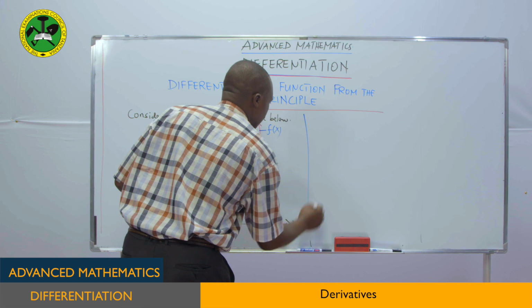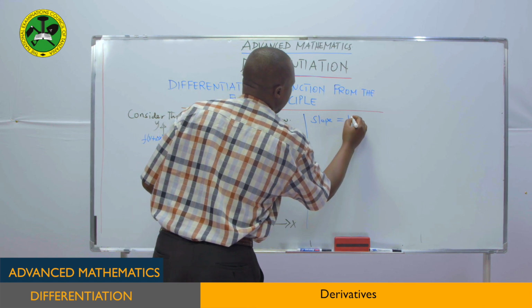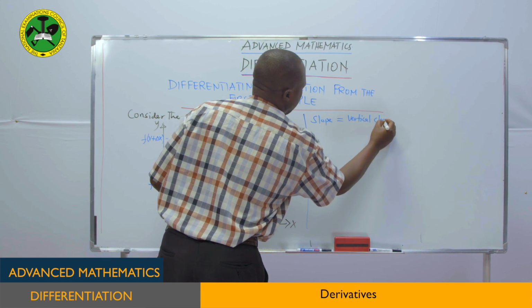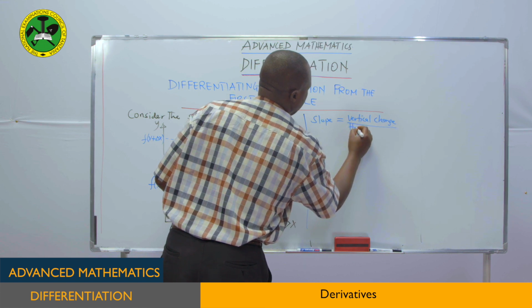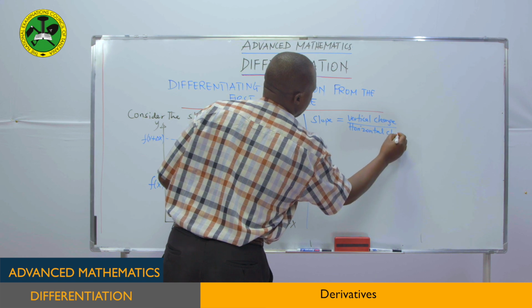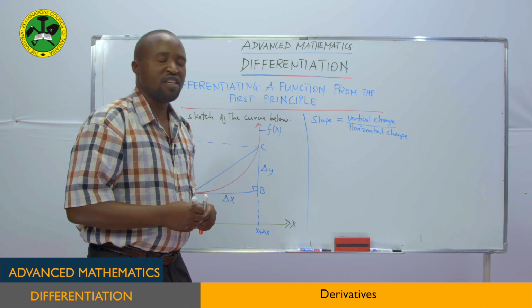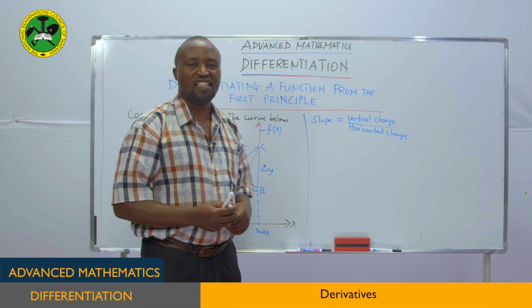So we say slope is given by vertical change over horizontal change, which is the same as change in y over change in x.